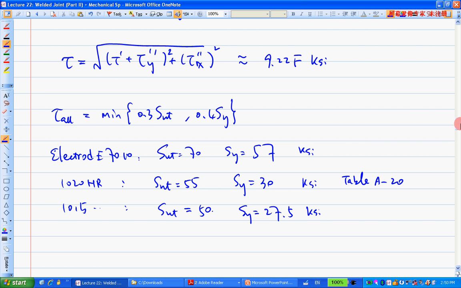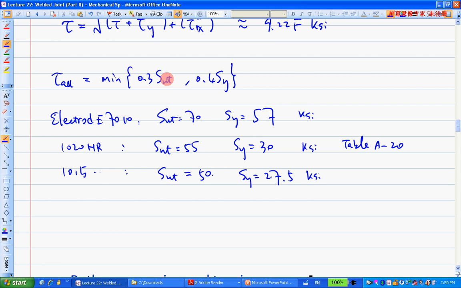So plugging into this formula, first of all, before you execute, SUT is the mean value of which one? Of the 3 here. So apparently it's 50, and SY will be 27.5.